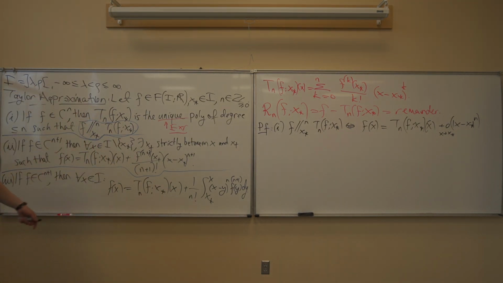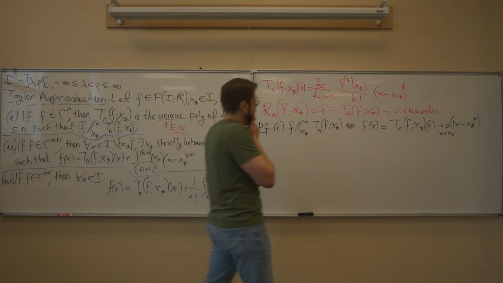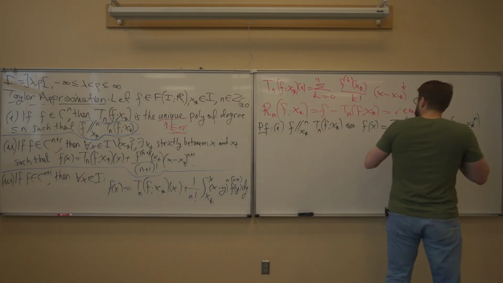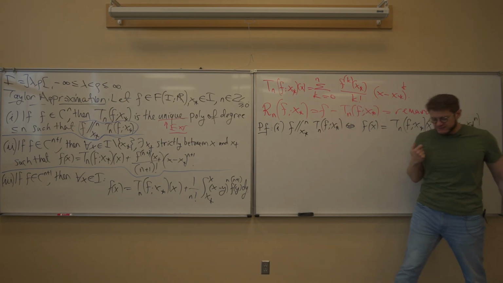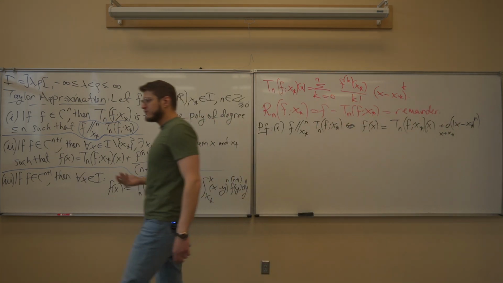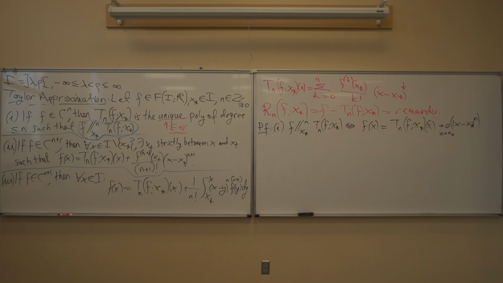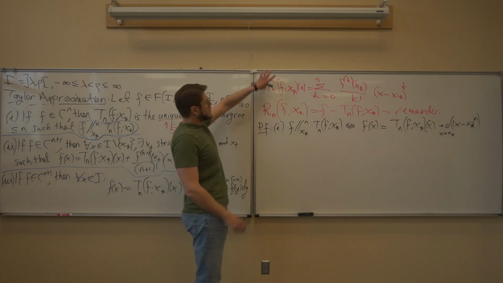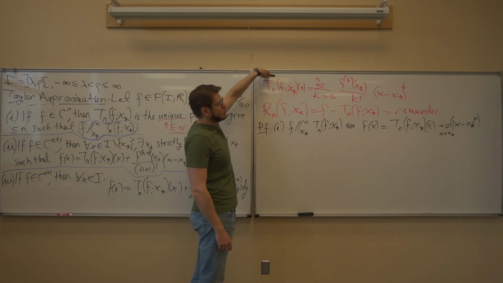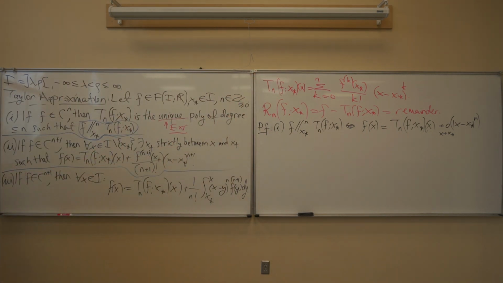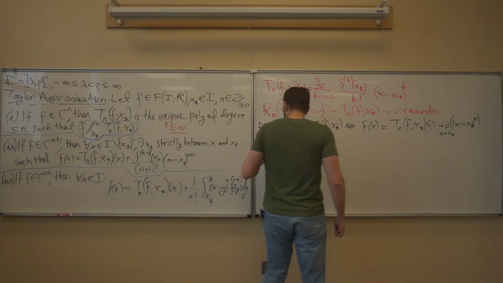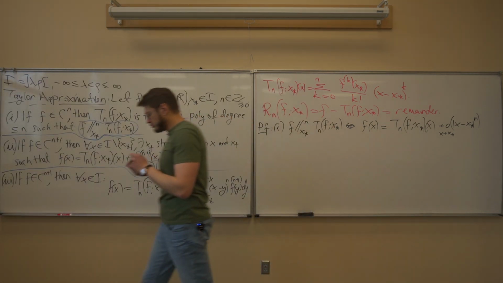Now, we had mentioned this on Wednesday. We have these correction factors here. So we have 1 factorial, 2 factorial, and so on. And we mentioned how these numbers are there so that the derivatives of this Taylor polynomial at x star match with the corresponding derivatives of the original function f. If this is not clear to you, this is also an exercise.